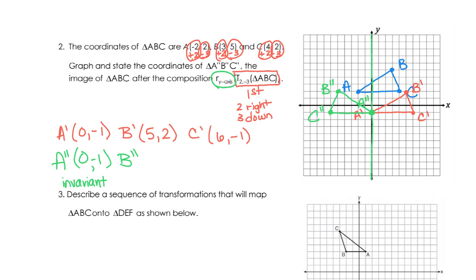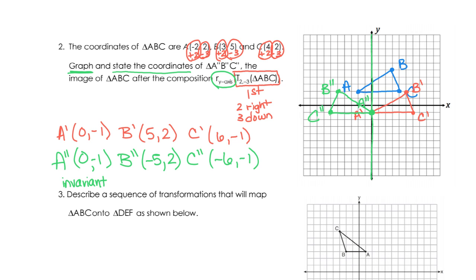B double prime is now located at -5, +2. And C double prime is located at -6, -1. And so I think we did everything they asked. We graphed, right? And we stated the coordinates of our A double prime, B double prime, C double prime. And so I think we're good.